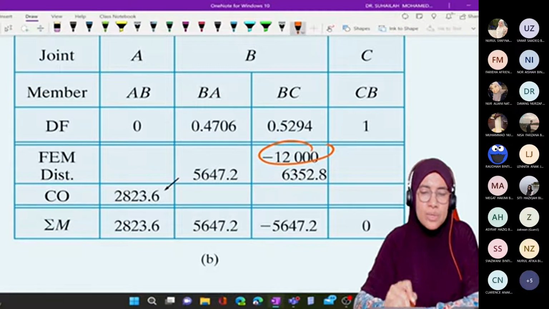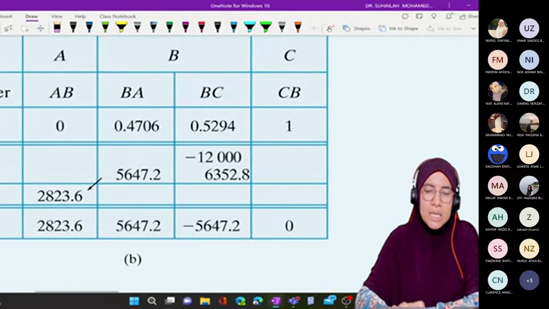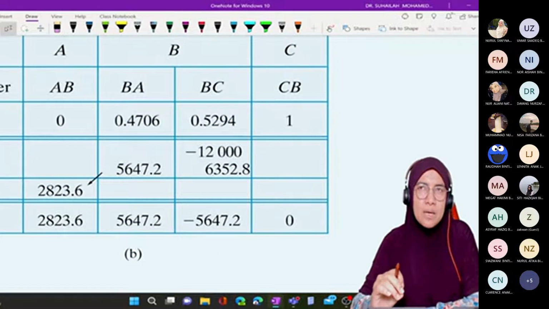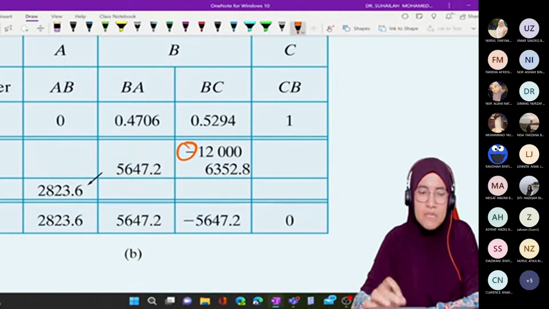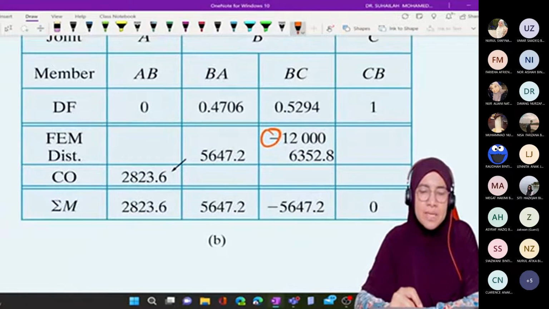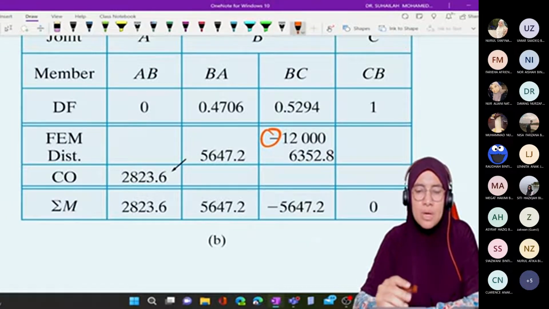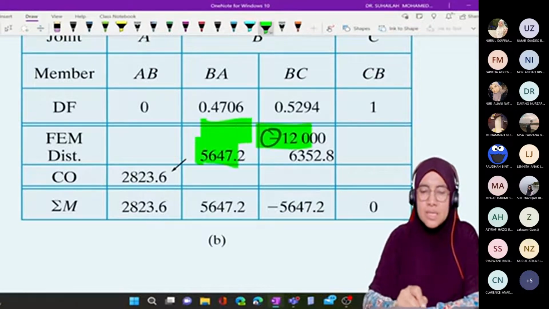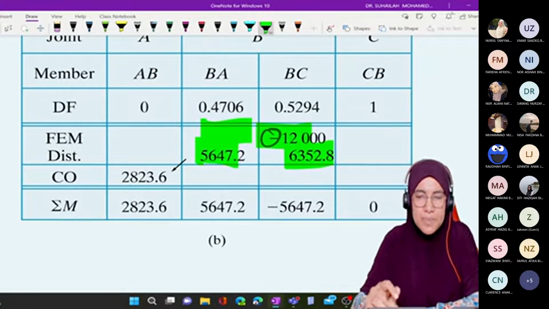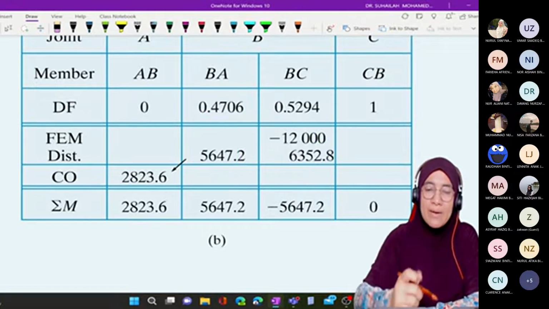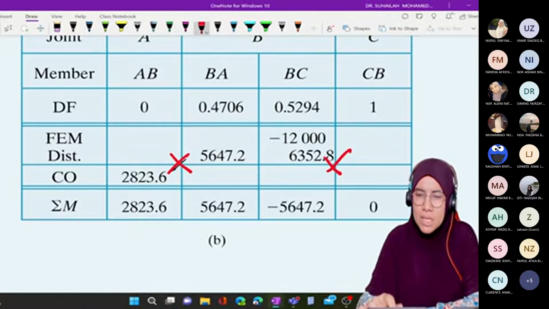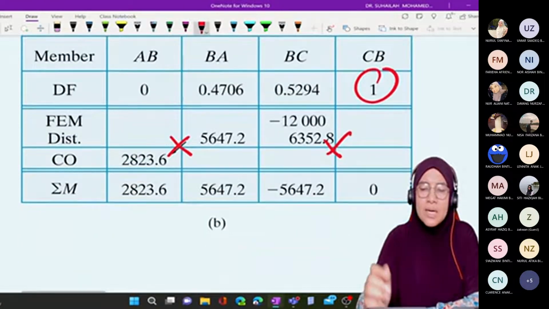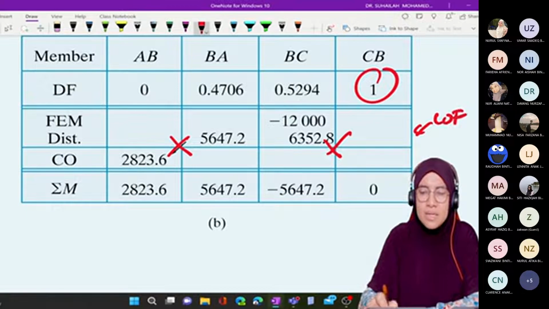For BC, this is 12,000, the joint moment is negative, and the joint moment is positive. That is why we get 5647.2 and 6352.8, all positive, so that when we total these four values, we get 0. So we have to carry over, but for an end roller, the carryover factor is equal to 0.